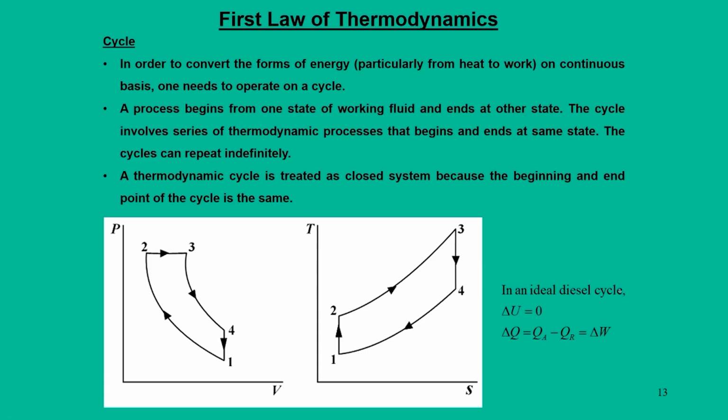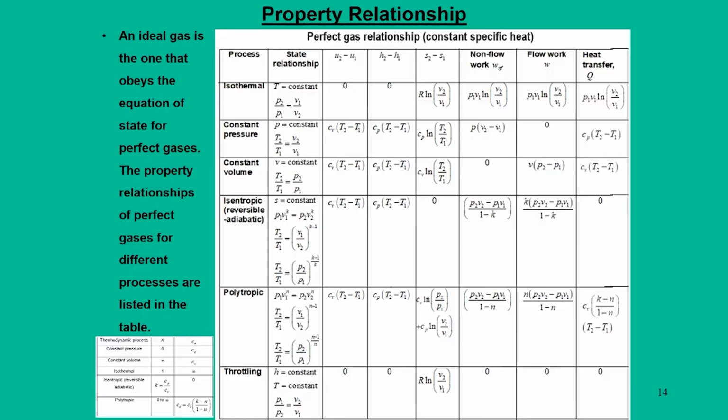For this diesel cycle, since initial and final states are identical, there is no change in the internal energy, but delta q is equal to delta w, and this can be viewed as a closed system. The energy auditing tells us that the total heat interaction balances the work, so delta q is equal to delta w. This is the first law for a cycle.